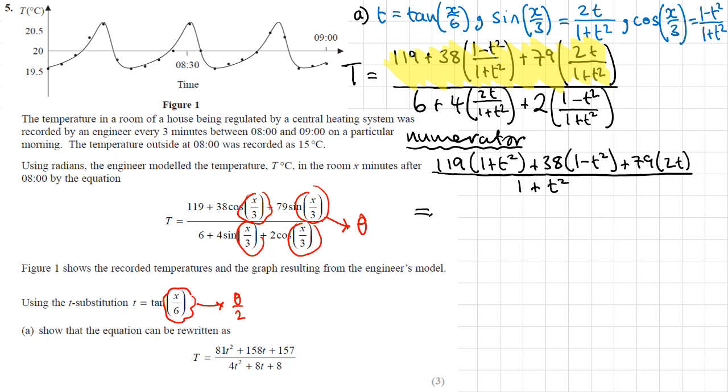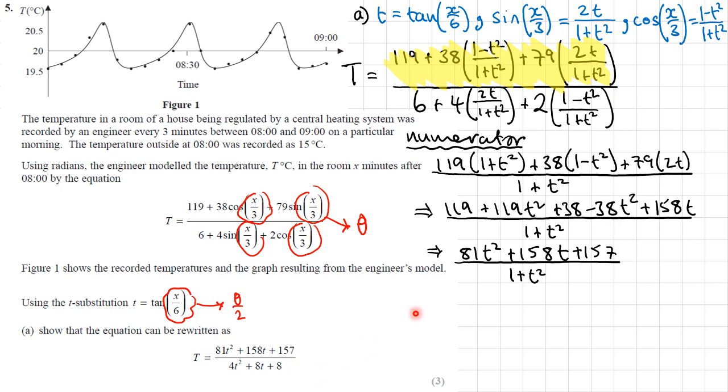Let's expand the brackets at the top, so I get 119 plus 119t squared plus 38 minus 38t squared plus 158t, all over 1 plus t squared. So simplifying that all down, I get 81t squared plus 158t plus 157, all over 1 plus t squared.